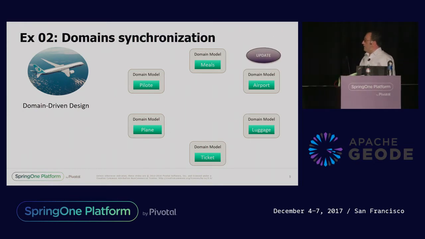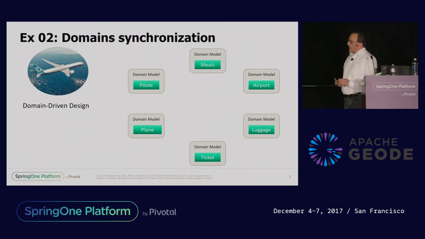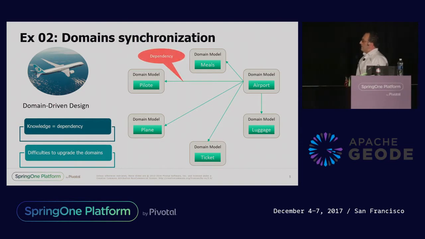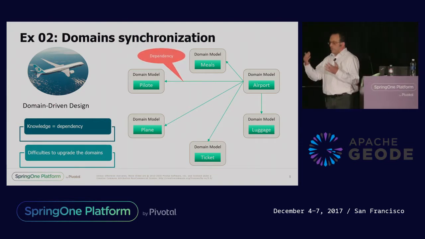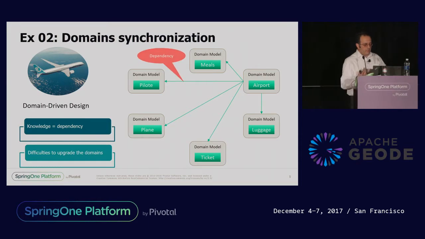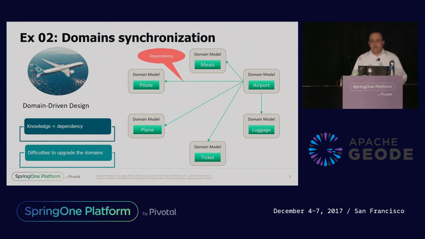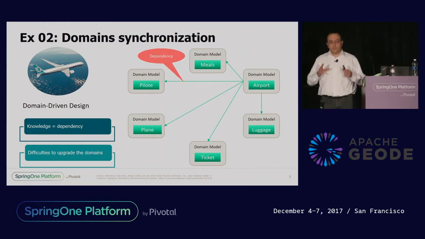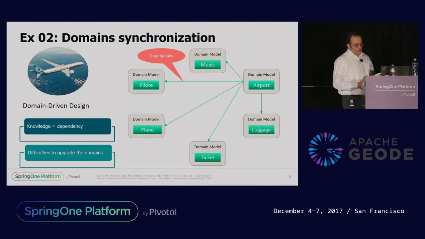So when an update occurs, in some cases, you have to inform the other domain. This means that airport knows the other domain. Knowledge means dependencies. And since you have dependencies, you create links between the domains, and you have a kind of crystallization of your system.